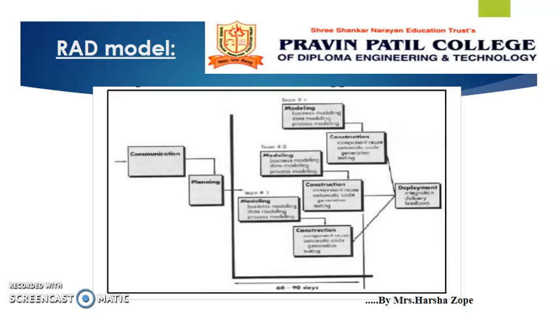In the requirement gathering phase, the developer communicates with the user of the system and understands the business process and requirements of the software system. During the analysis and planning phase, the gathered requirements are analyzed and various software development activities are planned. During the design phase, various models are created: business model, data model, and process model.